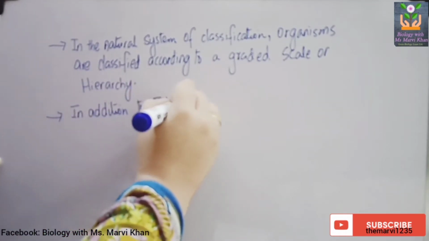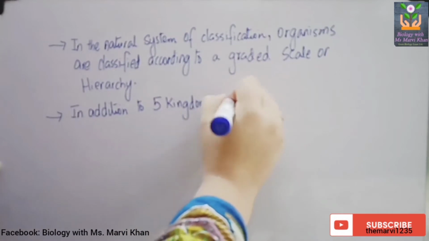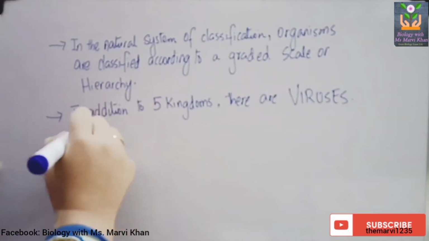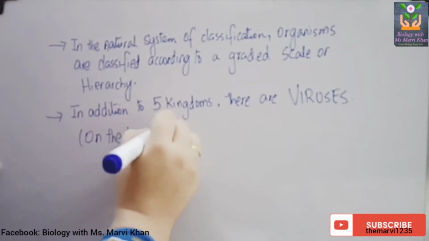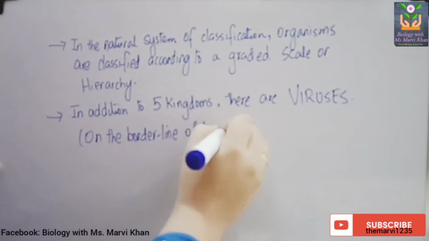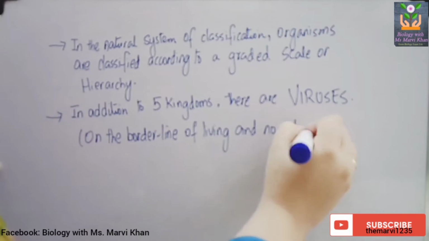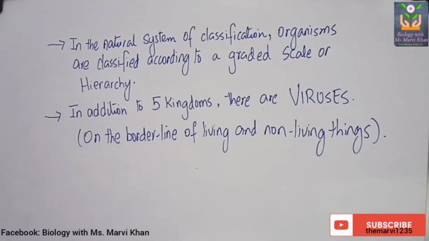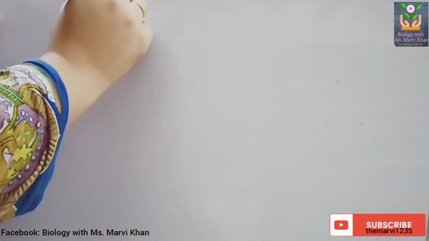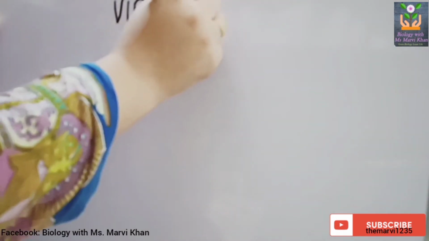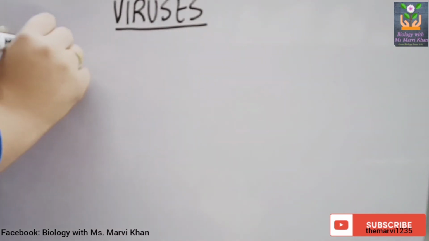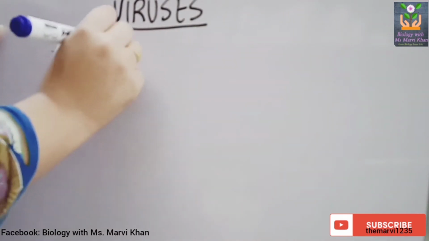In addition to the 5 different kingdoms of living organisms, there are viruses. Viruses are the smallest of organisms, and they are on the borderline between the living and the non-living world. So let's talk a little bit more about viruses. Usually viruses occur in many different shapes, sizes and types.